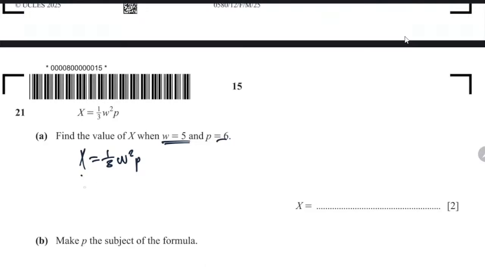Here you say, let W be 5 and P be 6. Here, what is the answer here? Let's put it. This is going to be 1/3. We said let.